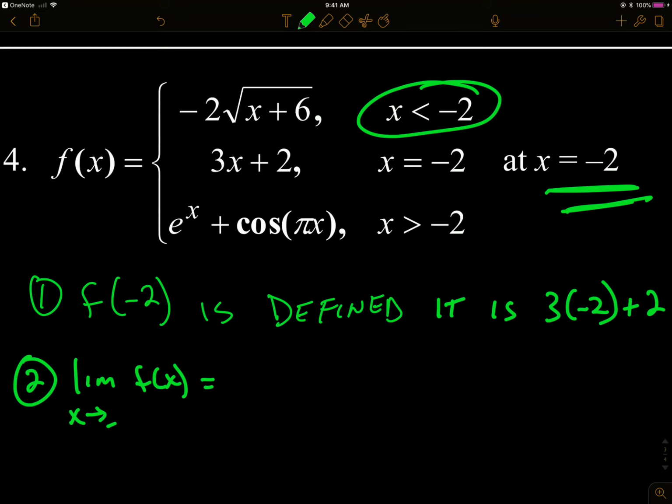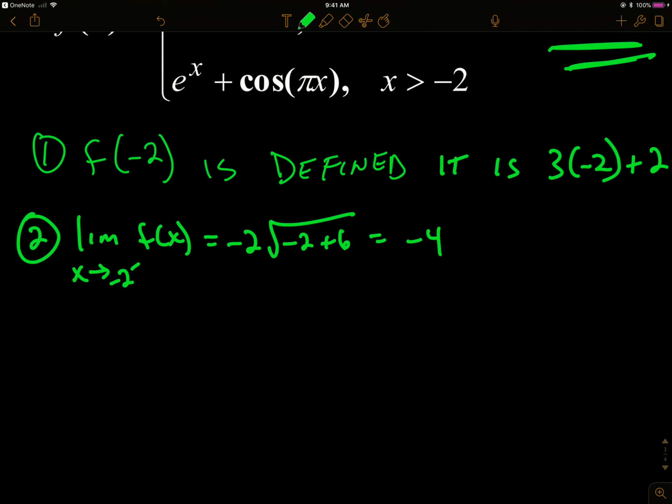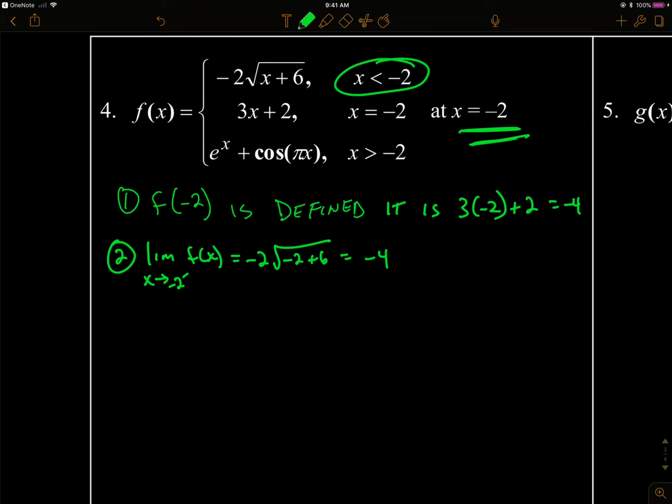This is -2 from the left. I'm at values just left of -2. That's what x less than -2 represents. So I do direct substitution of -2. So I get -2, square root of -2 plus 6 equals -4. So that's the limit from the left.